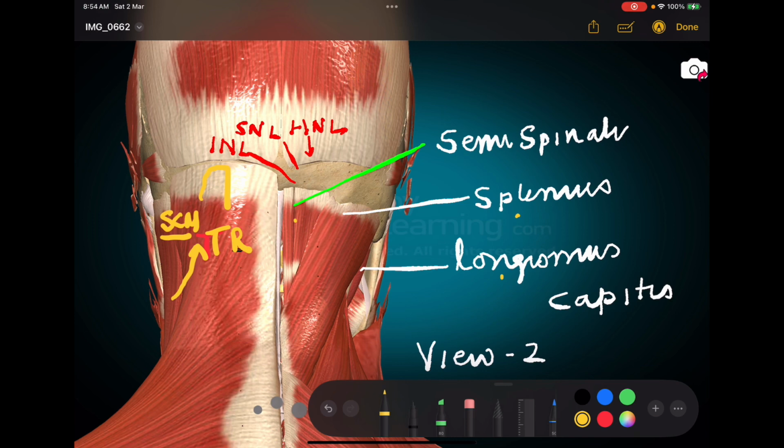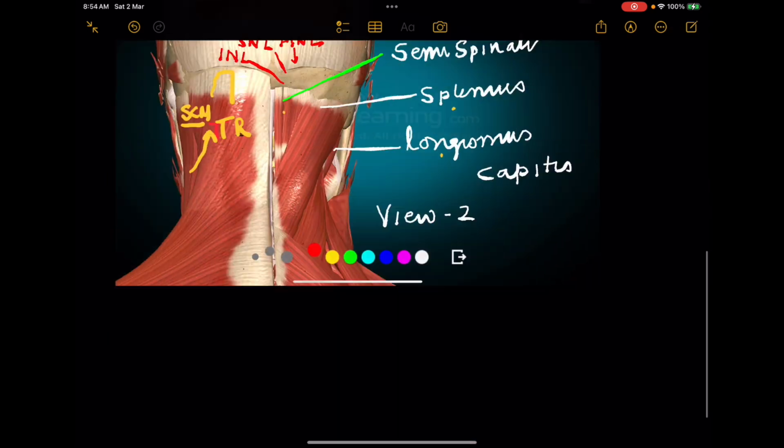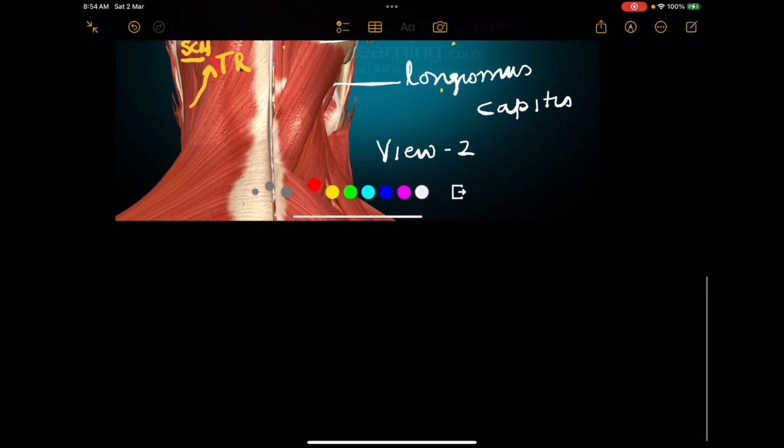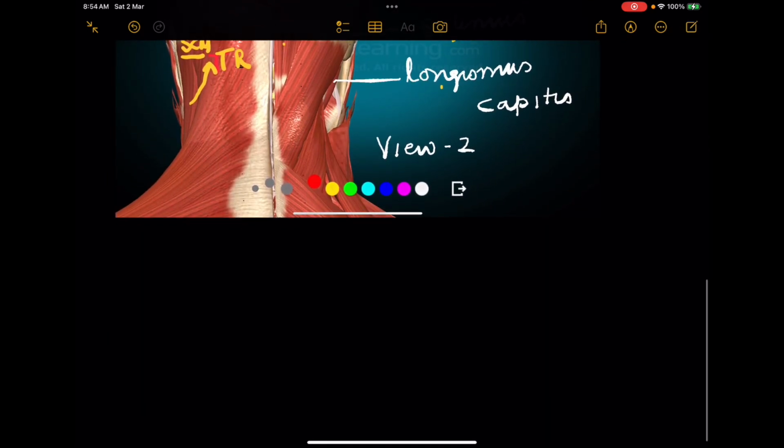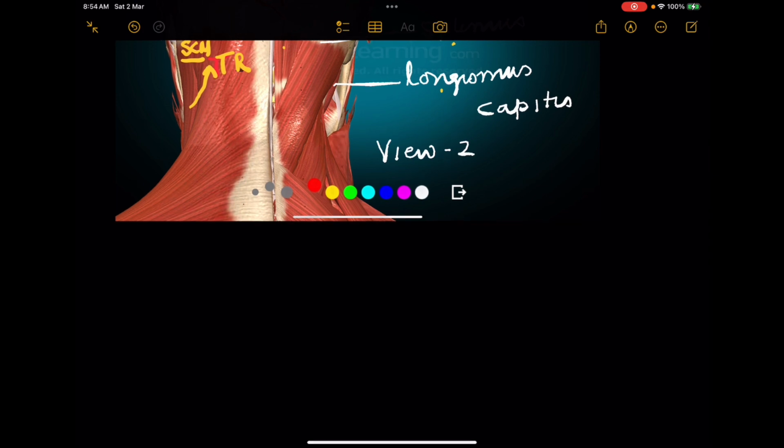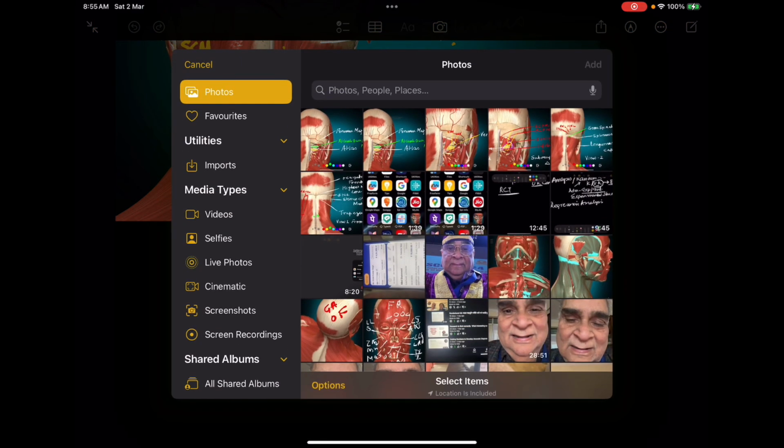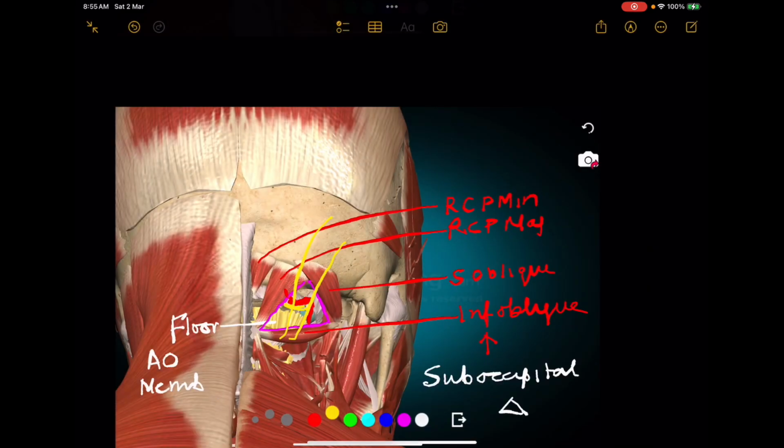Okay. So we'll paste the second picture here. So here we have added the second picture.